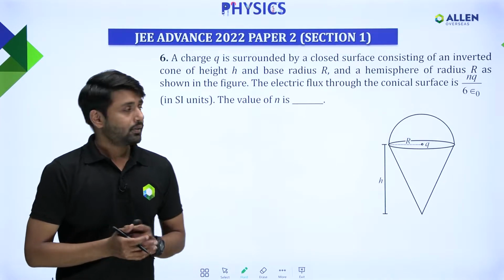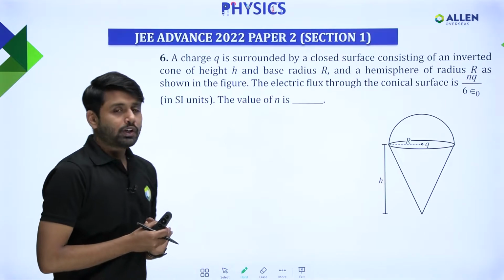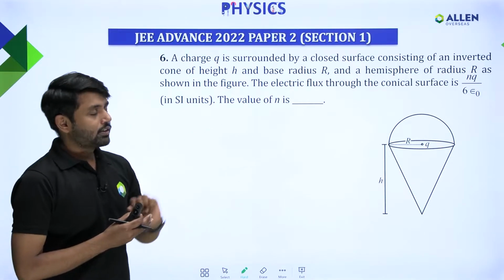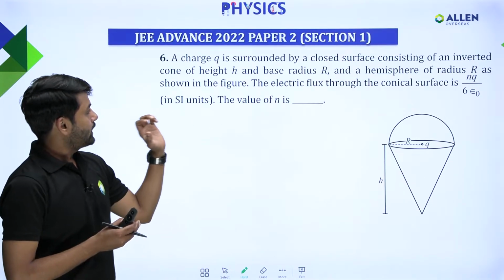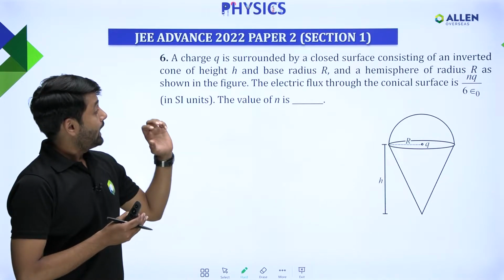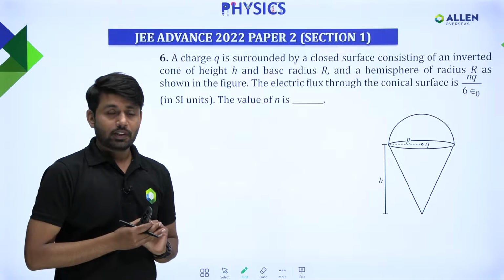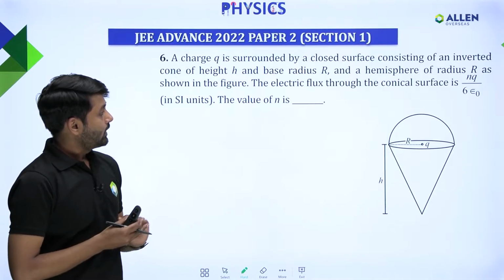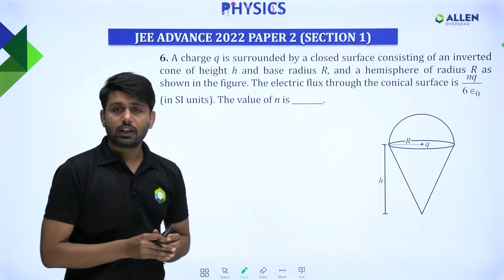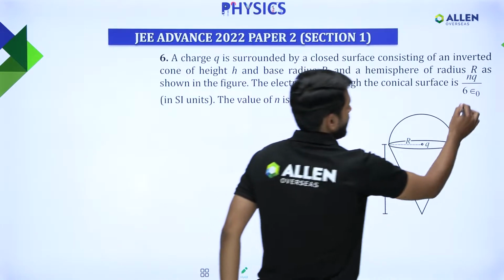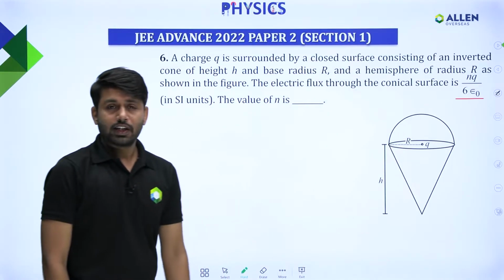Question 6 is, a charge Q is surrounded by a closed surface consisting of an inverted cone of height small h and base radius capital R and a hemisphere of radius capital R as shown in figure. The electric flux through the conical surface is NQ by 6 epsilon naught.